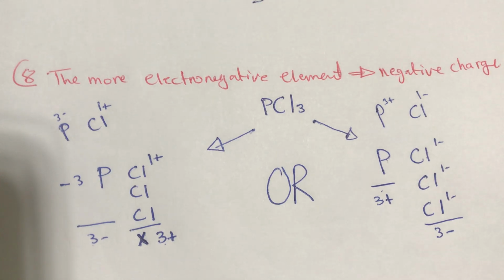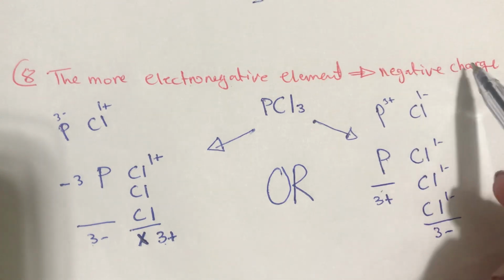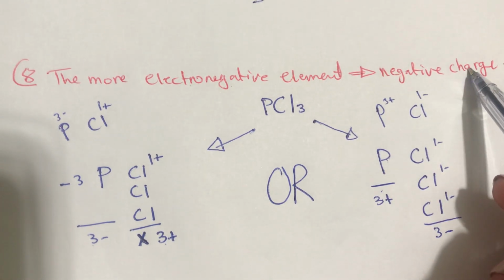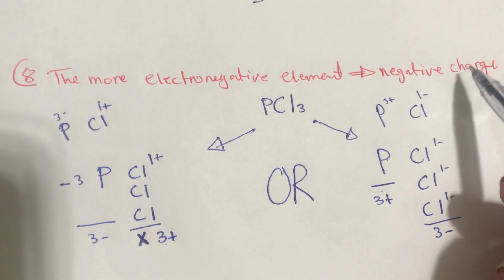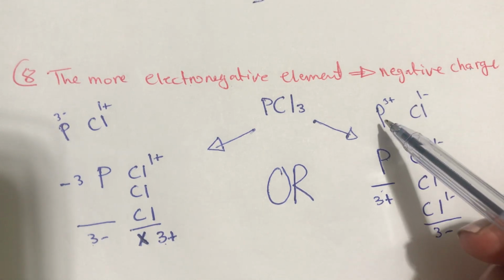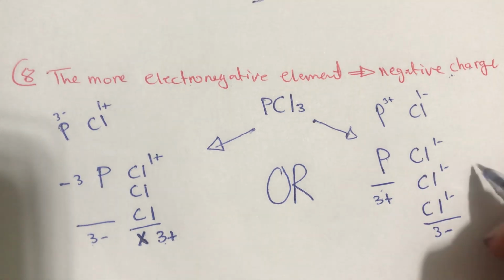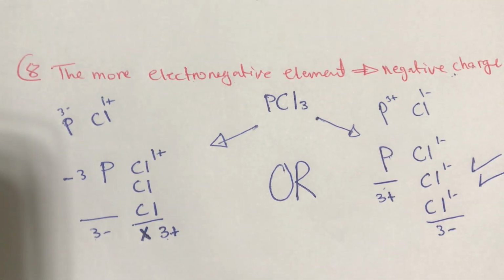According to this rule, the more electronegative element must carry the negative charge. So chlorine has more electronegativity than phosphorus. So chlorine must carry the negative charge. So this is the correct solution.